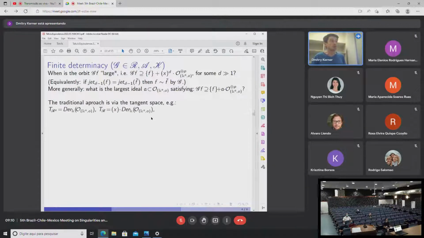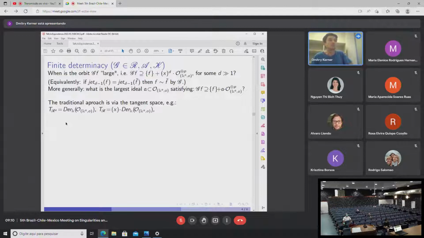Now the traditional approach to check how large the orbit is, is to study the tangent space. For example, for the right equivalence, the coordinate changes in the domain, the extended tangent space is all the vector fields, the germs of vector fields at the origin, or the derivations. They are k-linear. So when k is the real or complex numbers, you have a completely classical object.